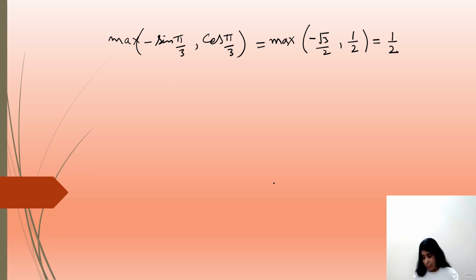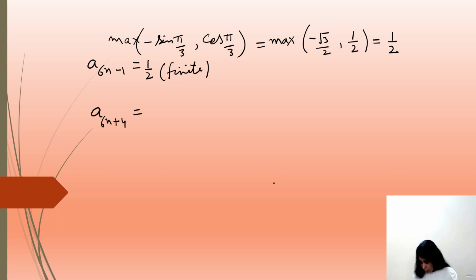So this implies our a 6n minus 1, its value comes out to be 1 by 2, which is finite. So this subsequence is convergent. Now let us take another value, a 6n plus 4.